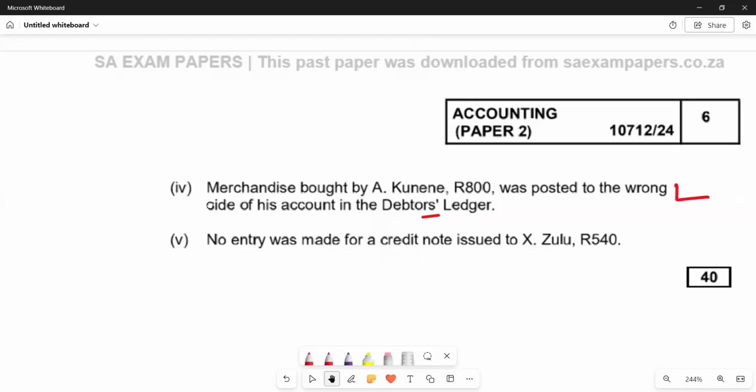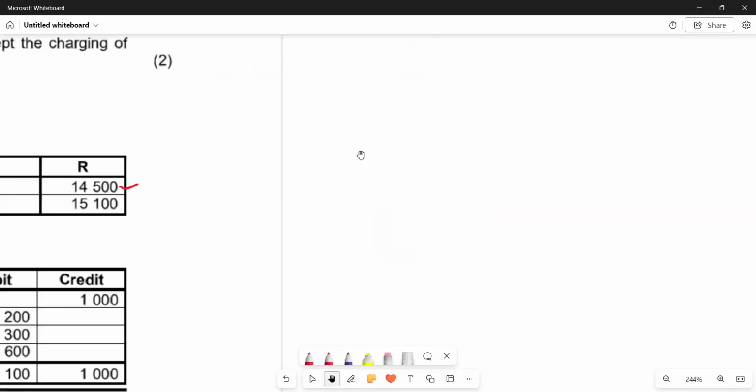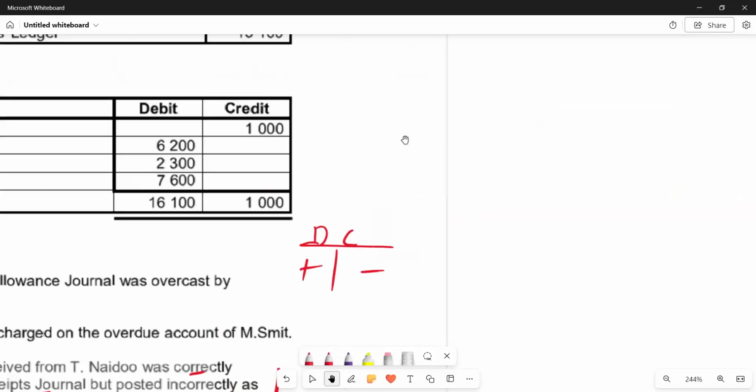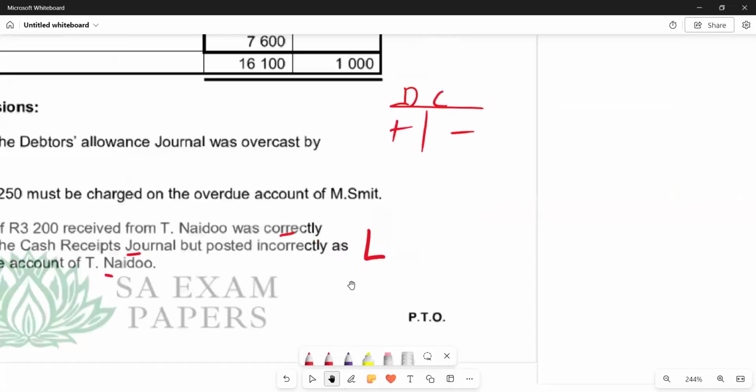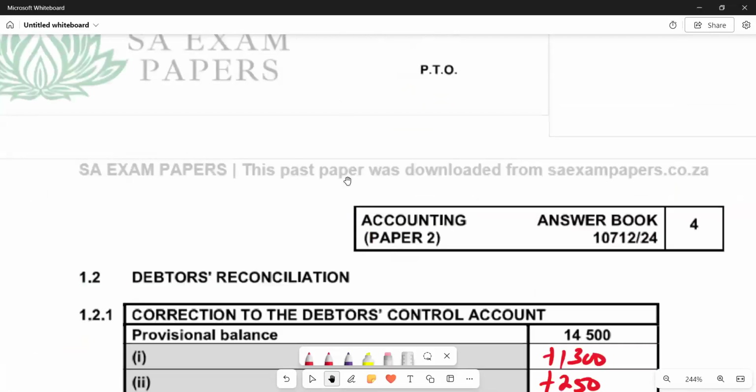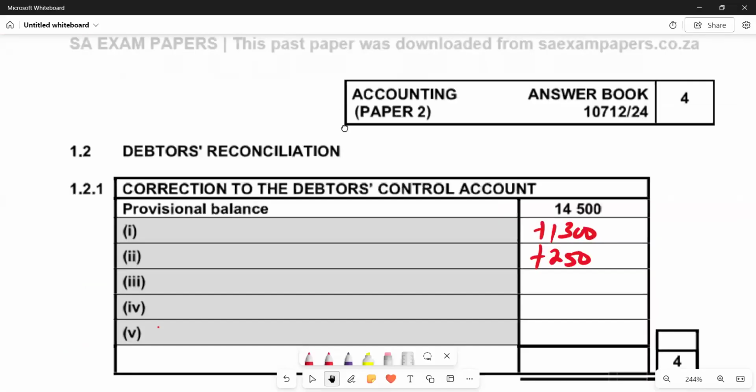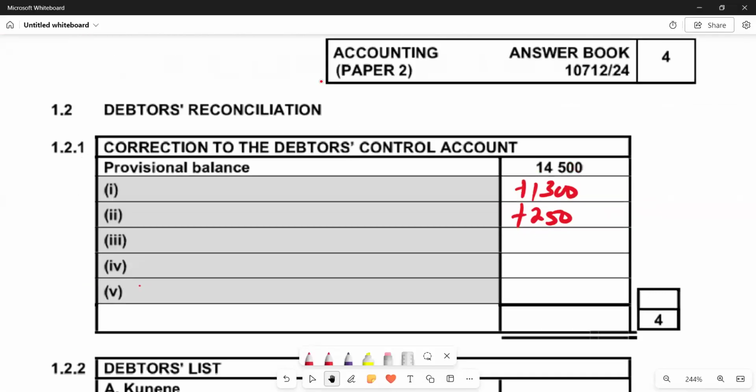Remember, the question is saying indicate no change if the transaction has no effect. So if you come here, we are on number 3, so we are saying no change. And we can move on now to number 4.